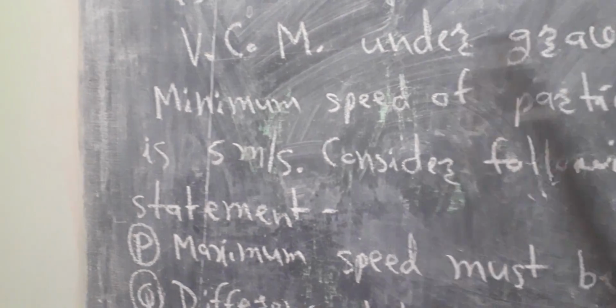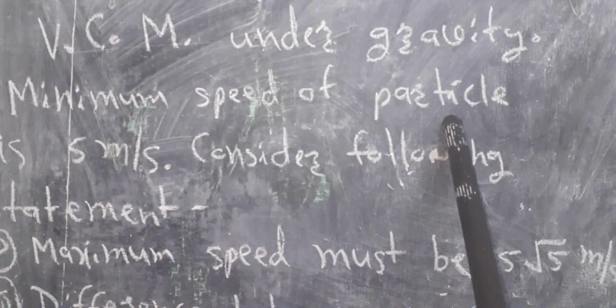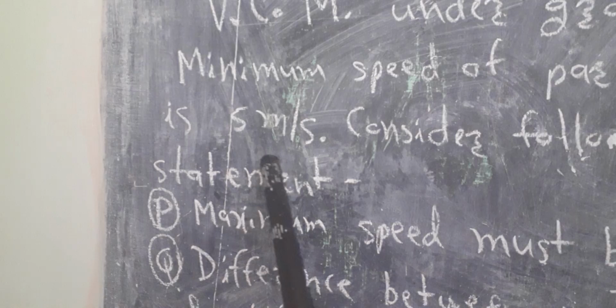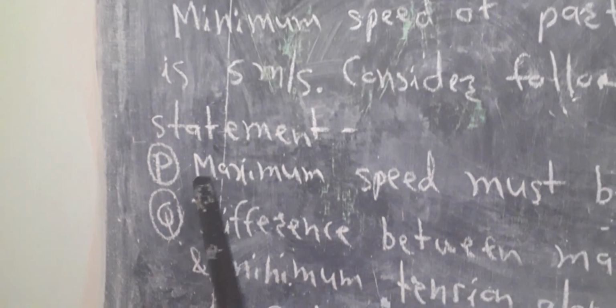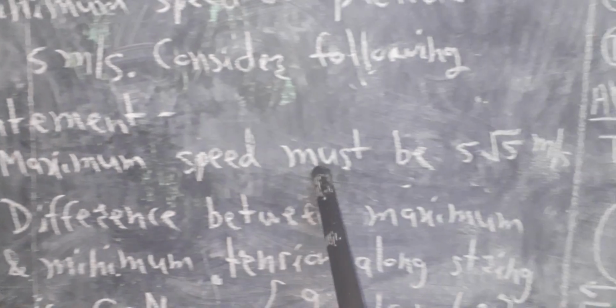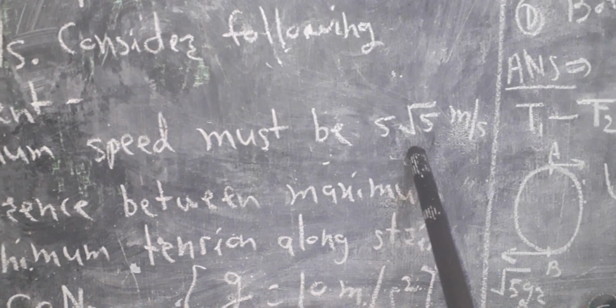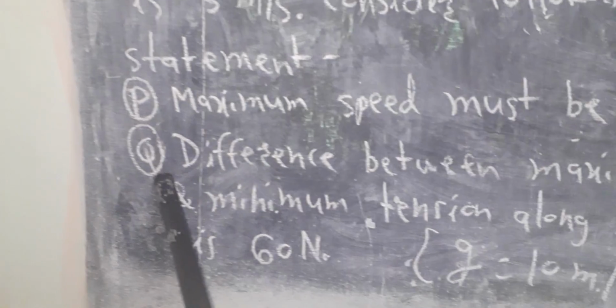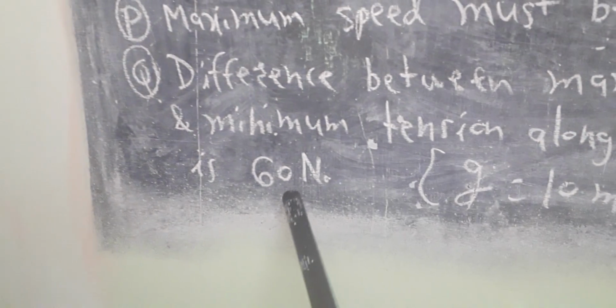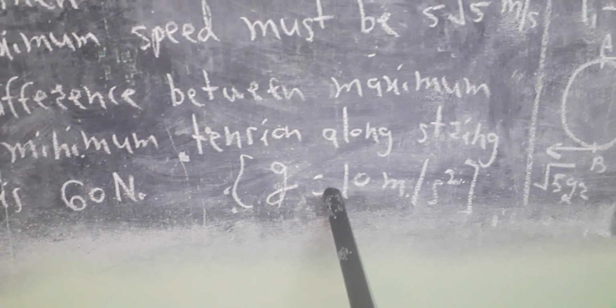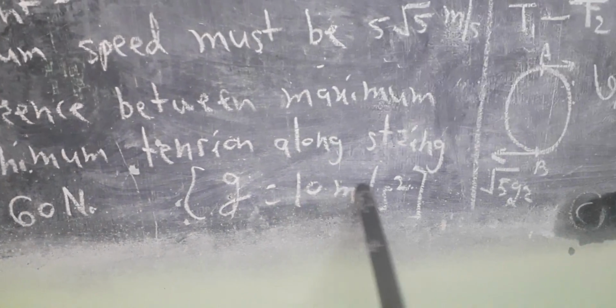The minimum speed of the particle is 5 meter per second. Consider the following statements. P: Maximum speed must be 5 root 5 meter per second. Q: Difference between maximum and minimum tension along the string is 60 Newton. In brackets, g is given as 10 meter per second square.